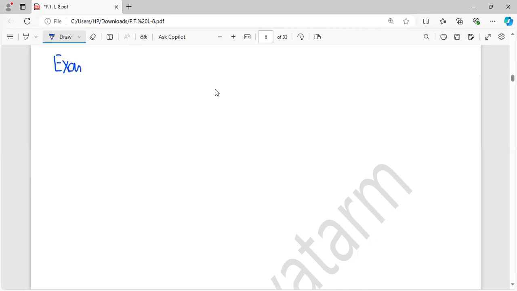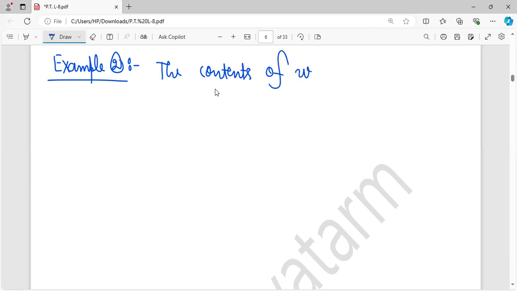Example 2. The contents of urn 1, 2nd, and 3rd are as follows.